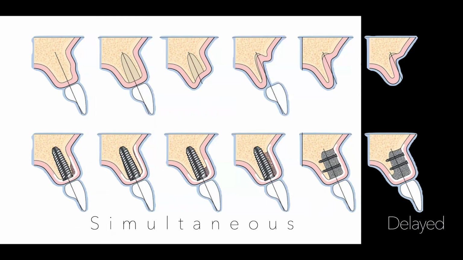Or you can do simultaneous for actually everything except the vertical augmentation, which, regardless of how good your experience is, we don't think it's a good idea to place implants with severe vertical and horizontal defects in a simultaneous way. We always think delayed will be a better option in these cases.